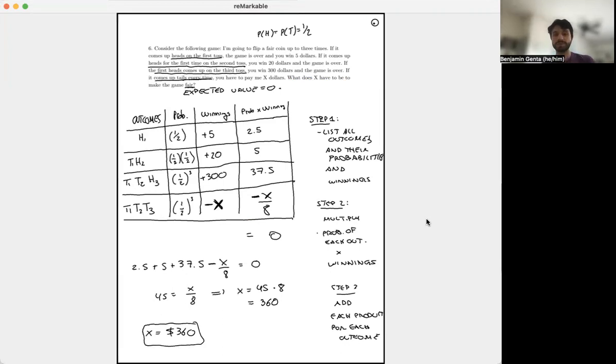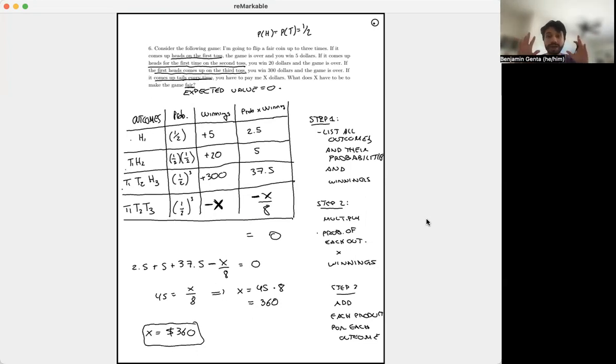Now here are some tips to figure out whether you're on the right track. One question is, did I list all the outcomes? One way to know that is to calculate the probabilities that you've assigned to the outcomes and make sure that they add up to 1, because we want to write down everything that's possible to happen, and one of them we know is going to happen.